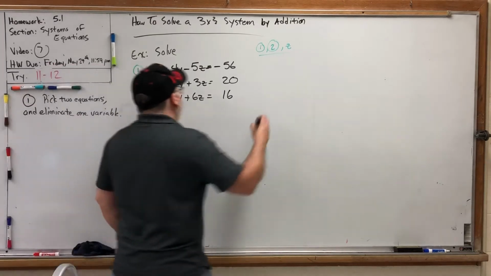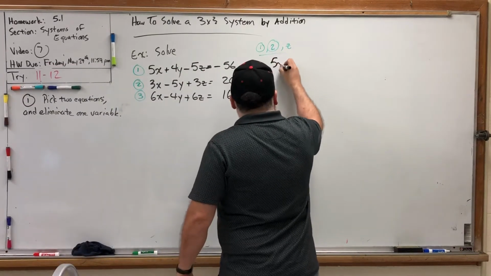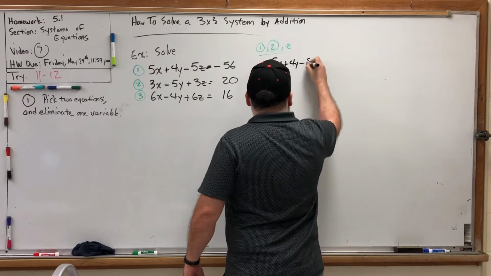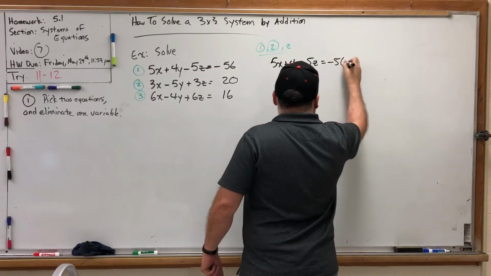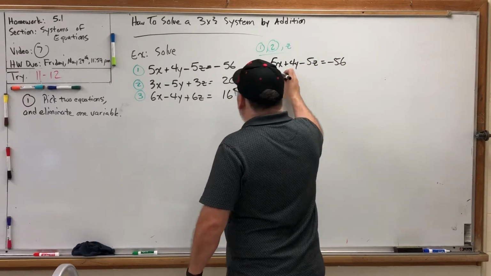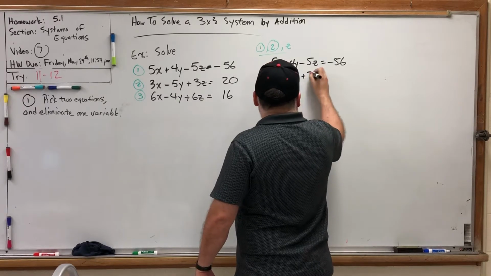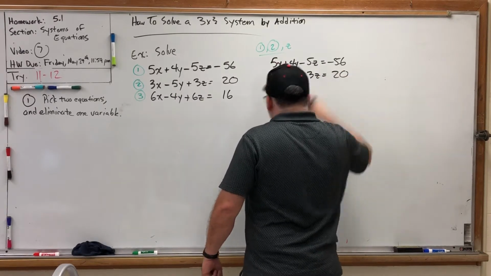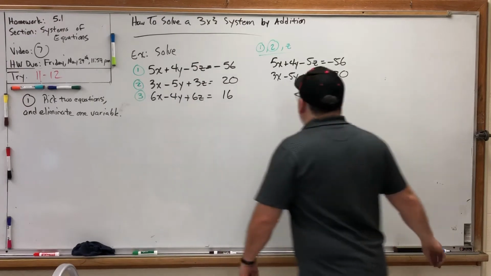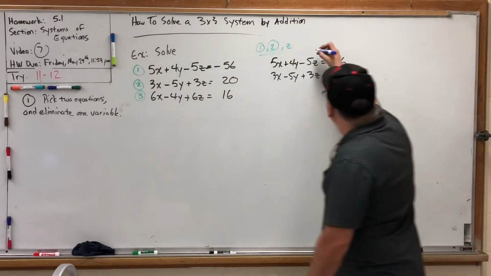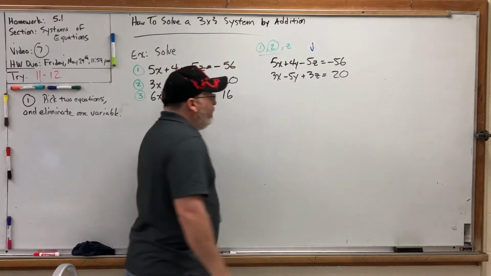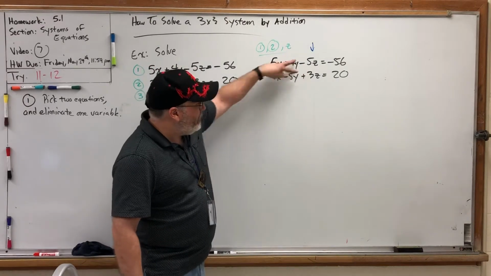Let me start by writing equation 1: 5x plus 4y minus 5z equals negative 56. And equation 2: 3x minus 5y plus 3z equals 20. And let's focus on eliminating the z's. Since the coefficients are 5 and 3, let's reverse them.